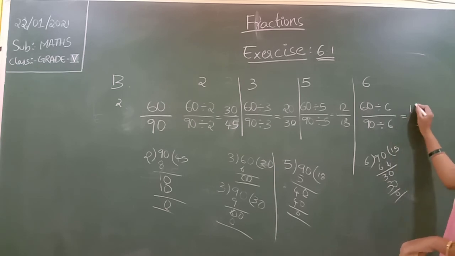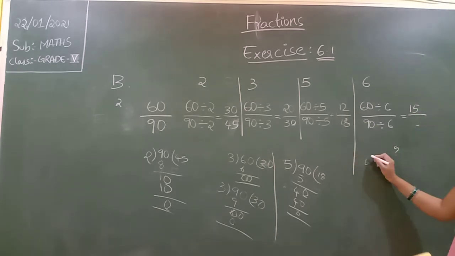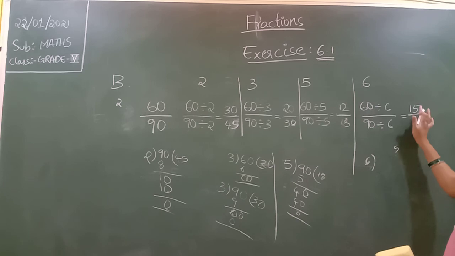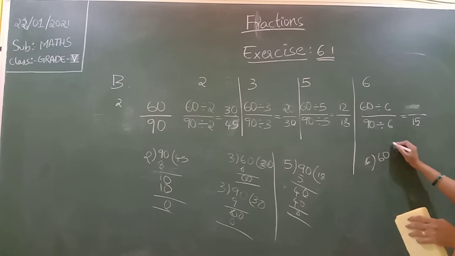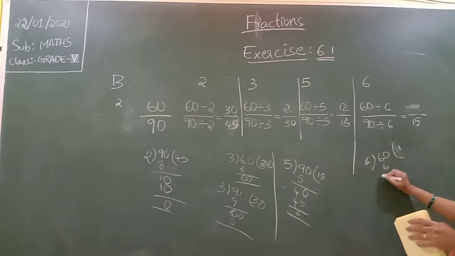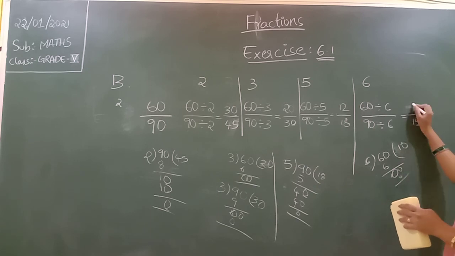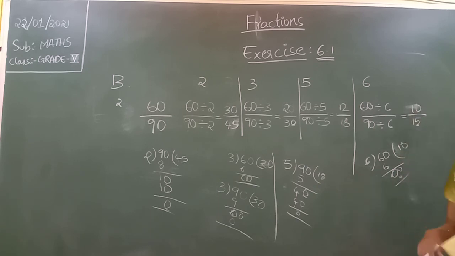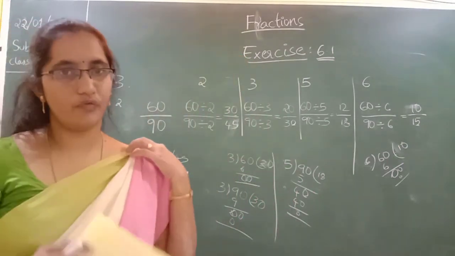That is 15, the answer. 60: 6 ones are 6, 0 0, that is 0. 10. The remaining 1 and 3 do for homework.